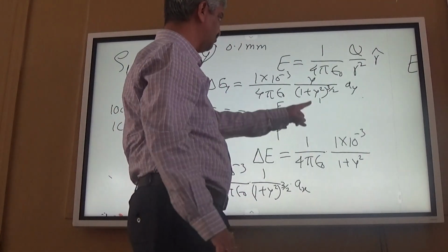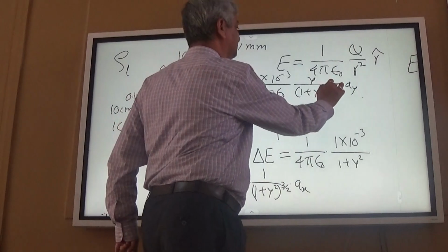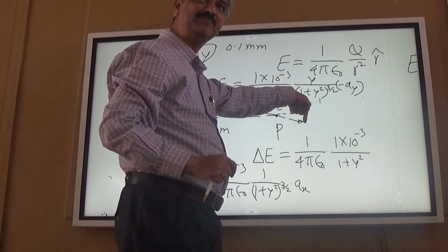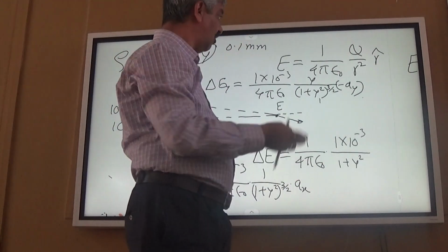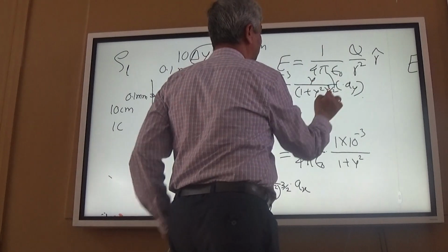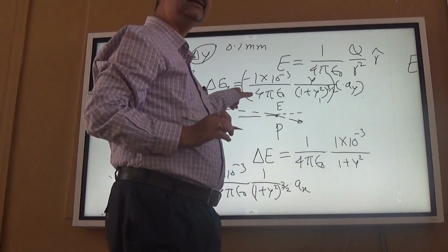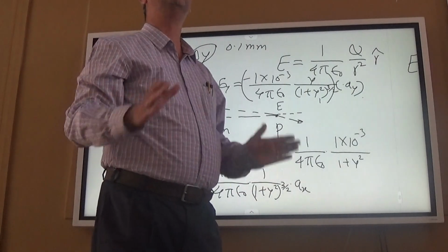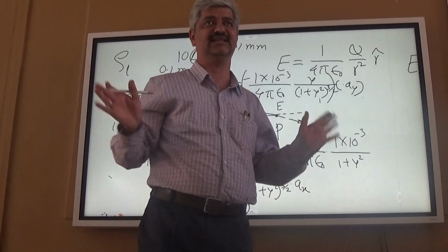Here I have made a small mistake. This is minus ay, because it is in this direction. So EY is minus in this case. So the y components will cancel and ultimately the final electric field E will be in the x direction only.